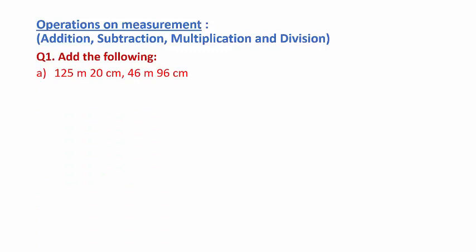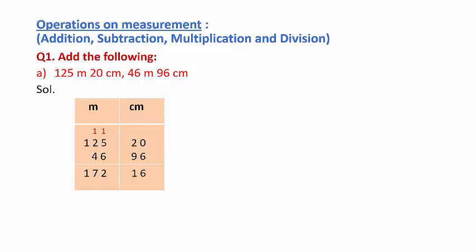So first is add the following. 125 meter 20 centimeter, add it with 46 meter 96 centimeter. Now we will divide these values into two columns, that is first is meter and next is centimeter.